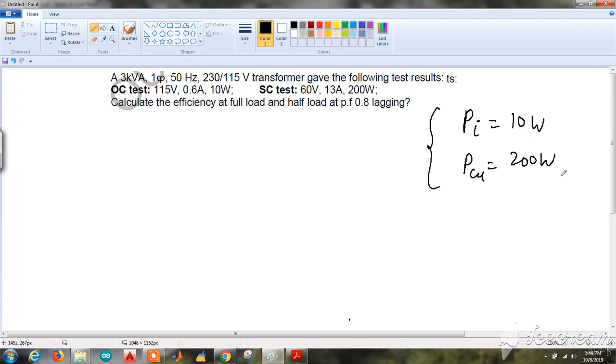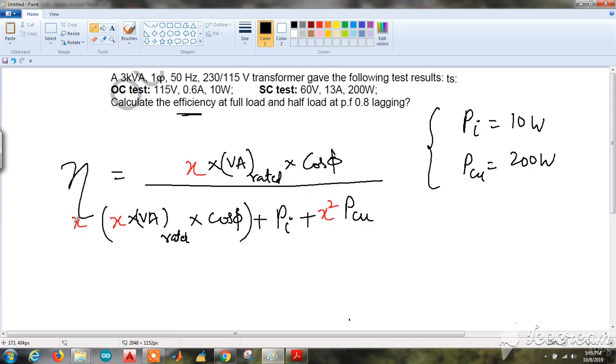Now let us calculate the efficiency at full load and half load at power factor 0.8 lagging. Now the efficiency at any load, or any fraction of load represented by X, is equal to X into VA rated into cos phi, that is output power, divided by output power plus losses.